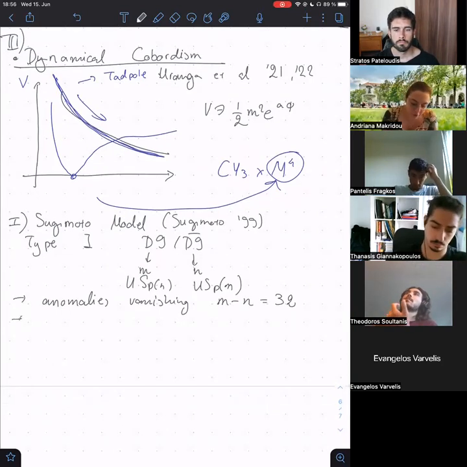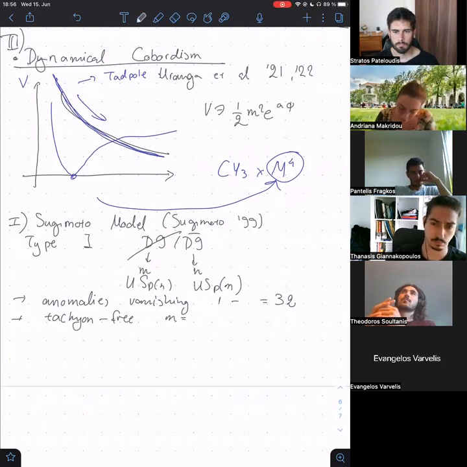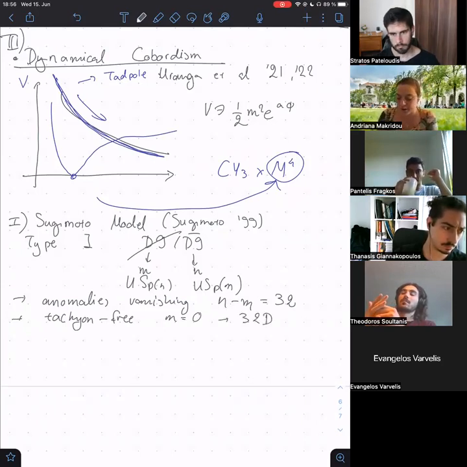And then you also want to kill the tachyon that is developing between the branes and the anti-branes, and this is forcing your theory to have no branes at all. So M equals, this was a mistake, it was N minus M. So this is forcing M to be 0, and you have a theory with 32 anti-D9 branes.